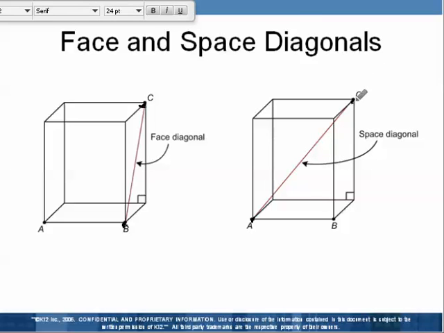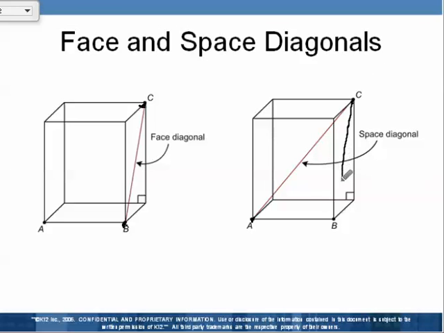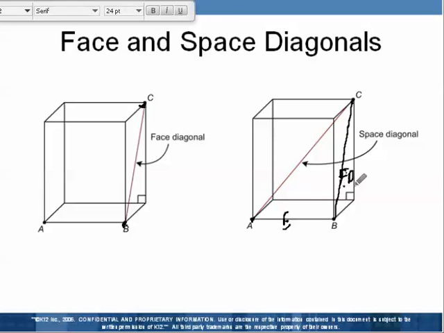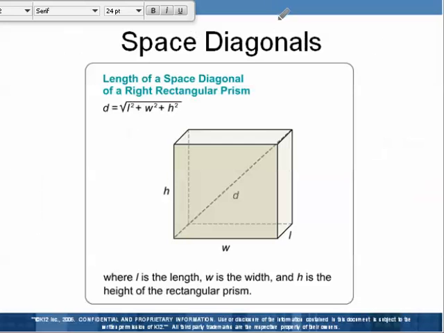So what do you have to do to find it? You have to find the face diagonal going down this way, and then you can use this edge over here and the face diagonal, and you use those two numbers in the Pythagorean theorem to find the distance of the space diagonal. It's the way those are put together.